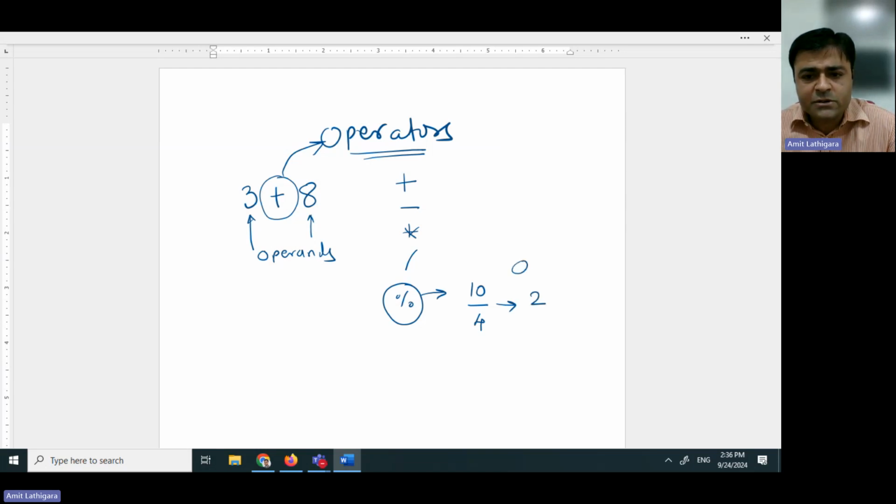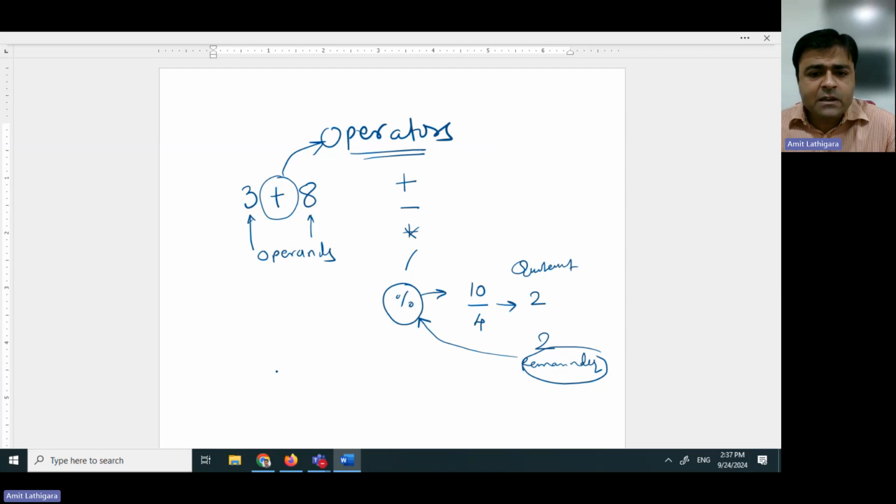This is my quotient. And 10 minus 8, so the remainder is again 2. So to find a remainder we use this operator, which indicates the modulus operator. So plus, minus, multiplication, division, and modulo come into the category of arithmetic operators.